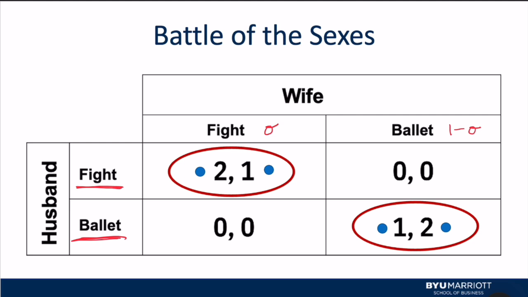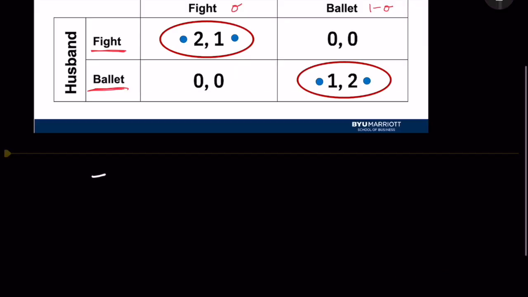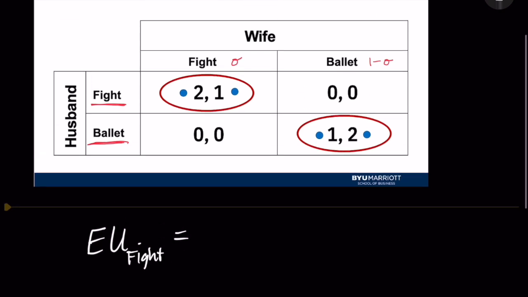So let me walk you through how we do this mathematically. We'll start with the expected utility of fight. It's equal to the probability that the wife chooses fight, so sigma, times the utility, the payout, if the wife chooses fight. If I'm the husband choosing fight, and the wife also chooses fight, then I get a payout of 2.